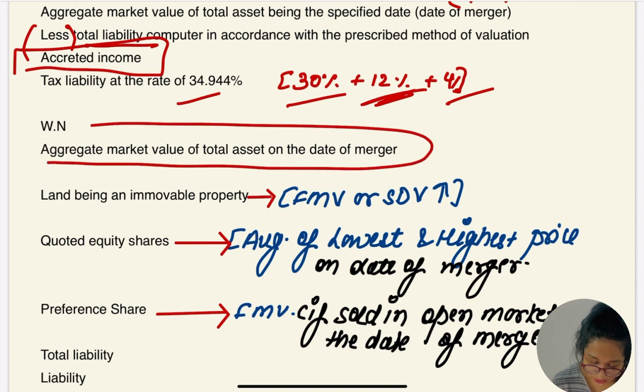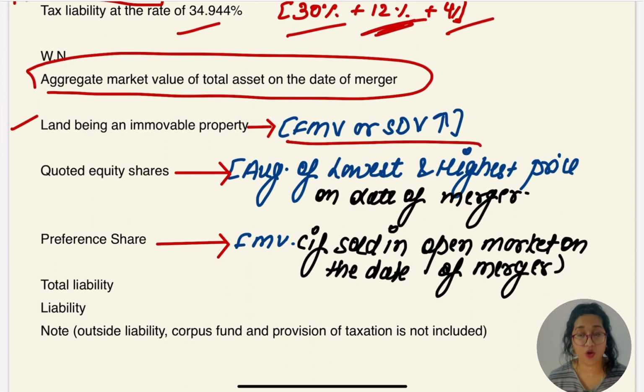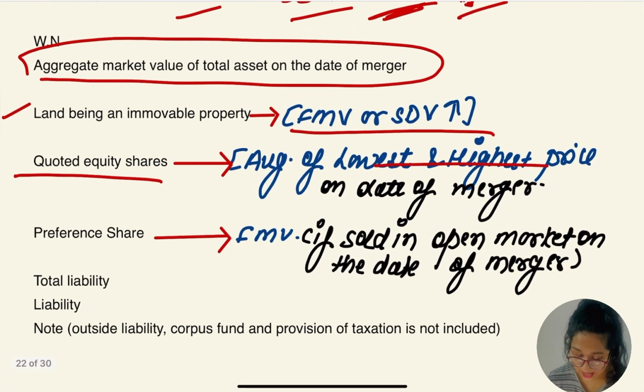Aggregate market value of total asset on the date of merger is calculated like this. For land, being an immovable property, we are going to take the fair market value or SDV, whichever is higher. For quoted equity shares, the average of the lowest and highest price on the date of merger.